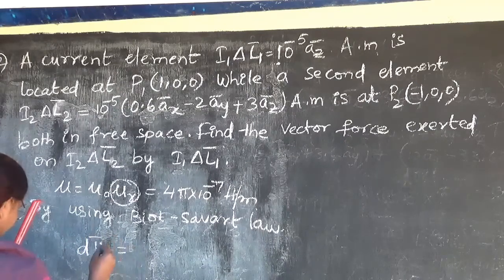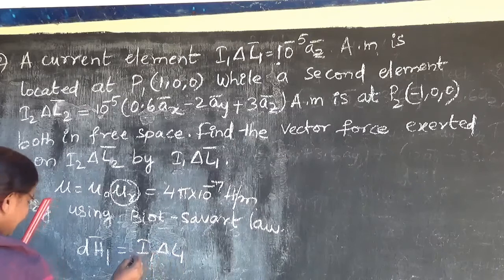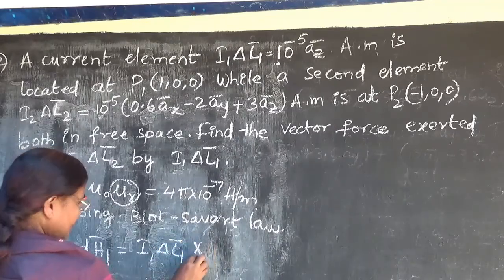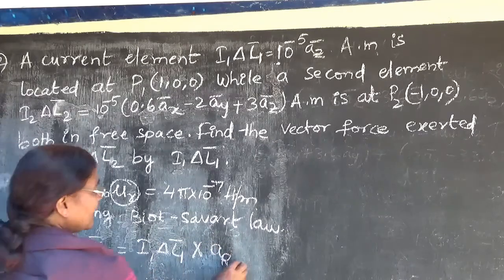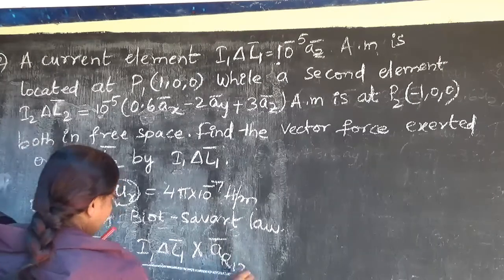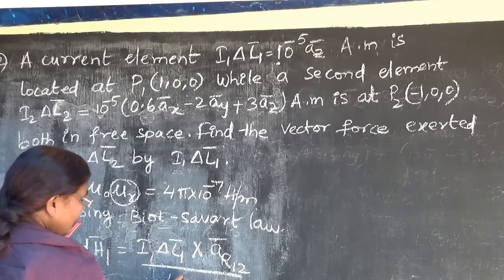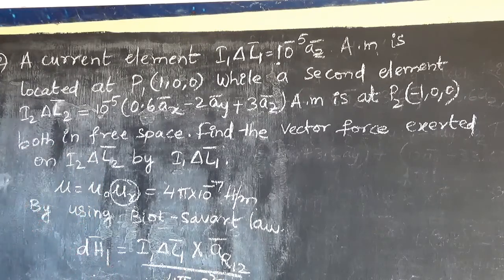So this is going to be I1 delta L1 bar cross AR12 bar divided by 4 pi R12 square. This is the formula, you know this.